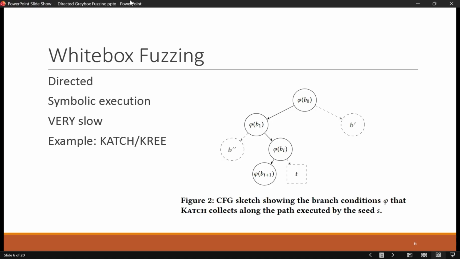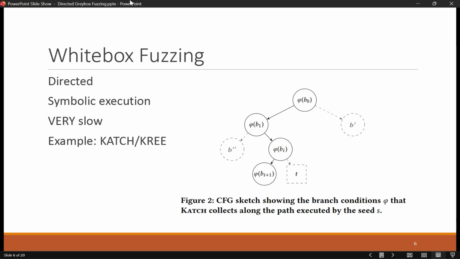For the most part, most white box fuzzers are directed. This means that they have a specific target that they are attempting to reach within the program that they're working towards achieving. In white box fuzzing, they do what's called symbolic execution.